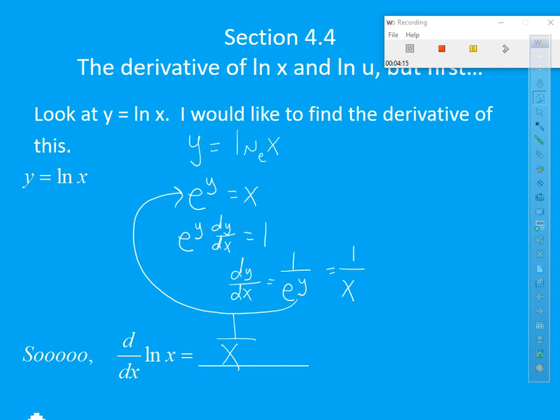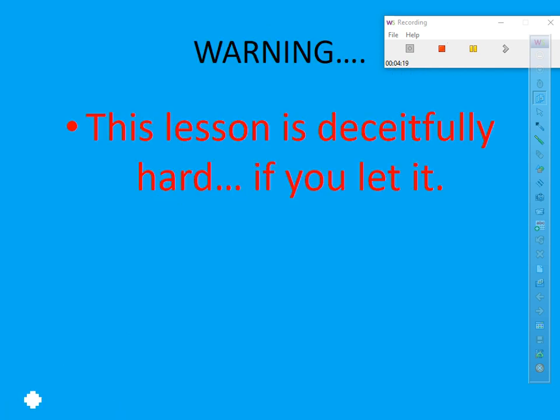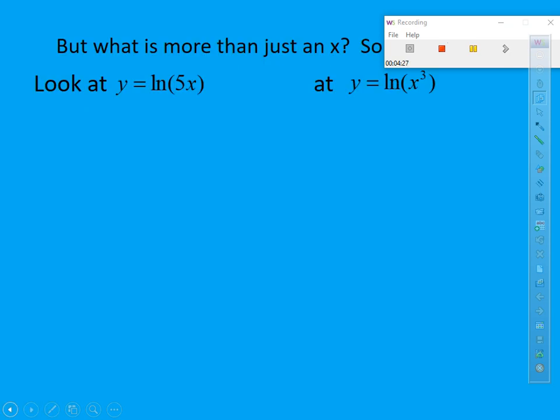Now, if you would, come over to your next one. Oh, I threw this in. This lesson's really kind of easy, but it can sneak up on you as we start rewriting the natural log functions. So here goes my next one. I've got y equal the natural log of 5x.